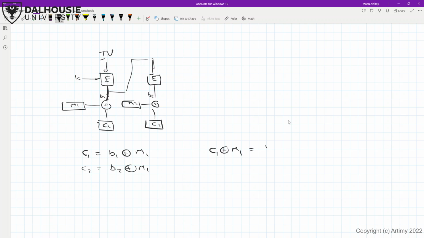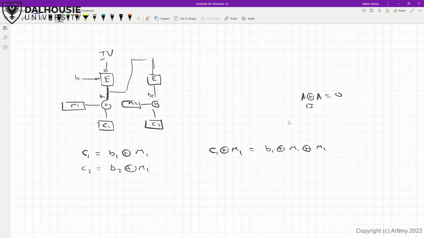This is equivalent to taking the right side and also XORing it with the message. Now anything XORed with itself gets 0, right?